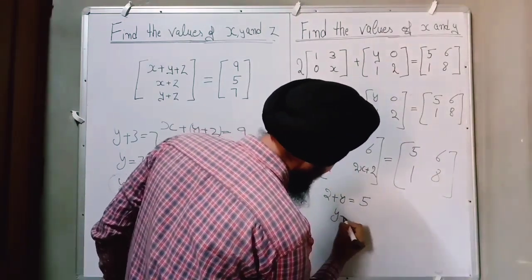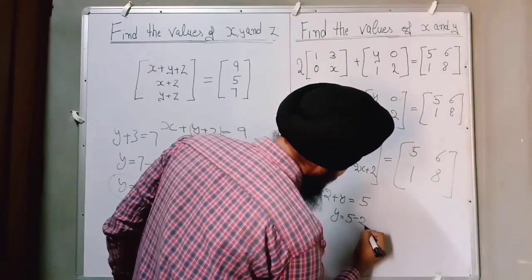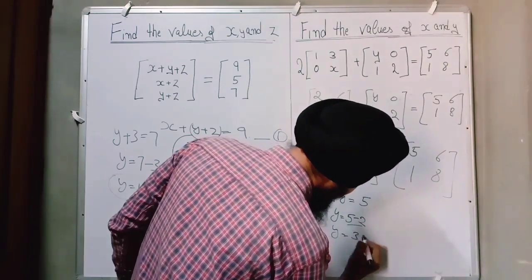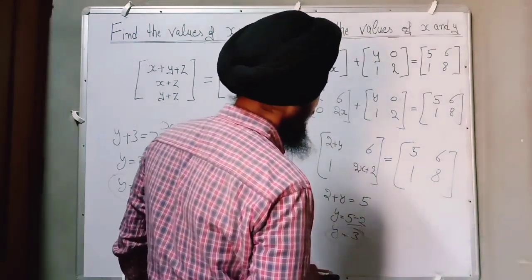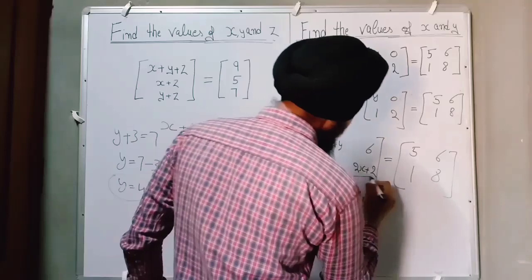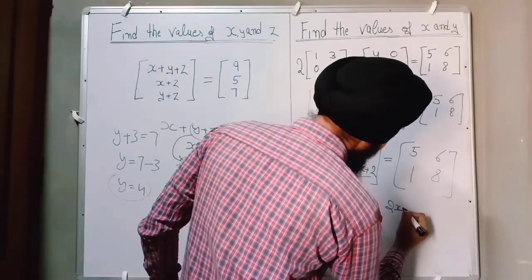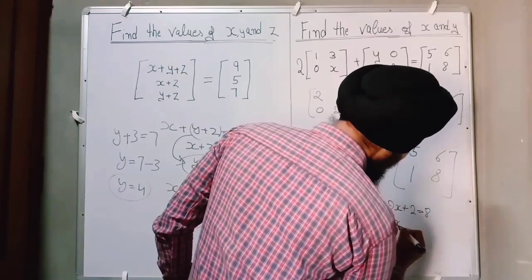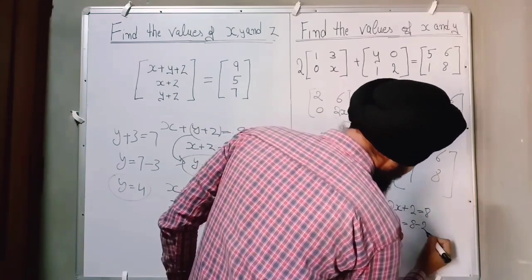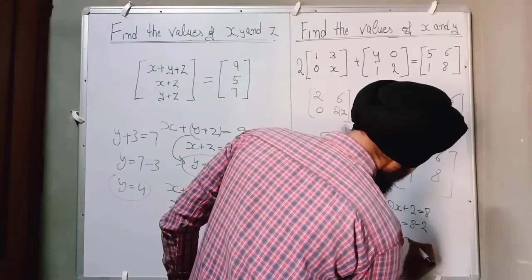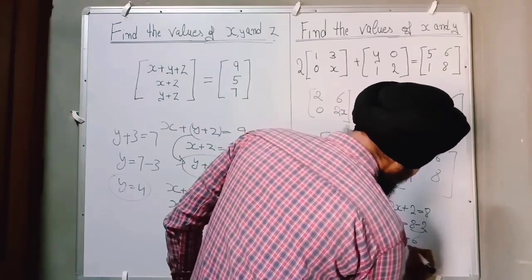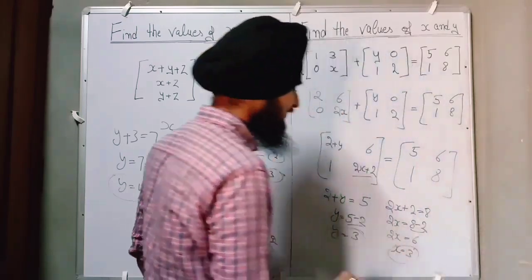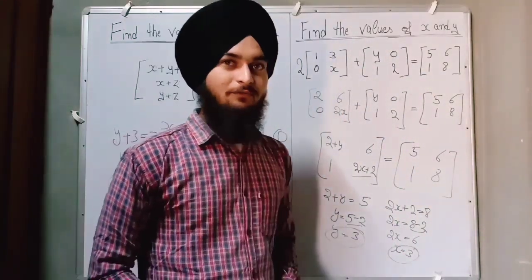The value of y is equal to 5 minus 2, which is equal to 3. Now from this equation, 2x plus 2 is equal to 8. 2x is equal to 8 minus 2. 2x is equal to 6. x is equal to 3. This is the value of x and y.